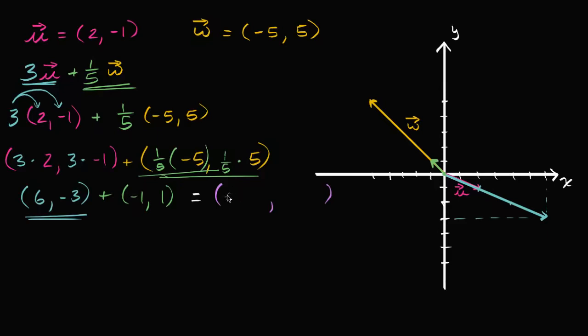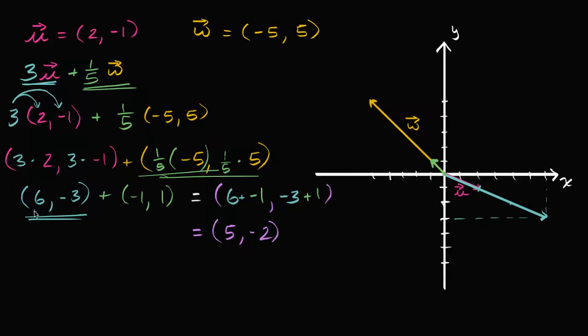So it's going to be 6 plus -1, and the resulting y component is going to be -3 plus 1. And so the resulting vector is going to be equal to (5, -2).